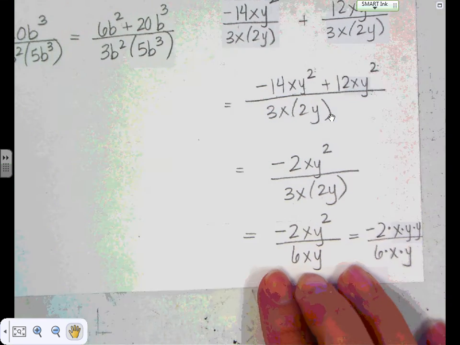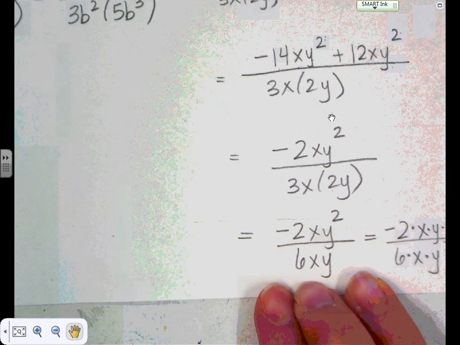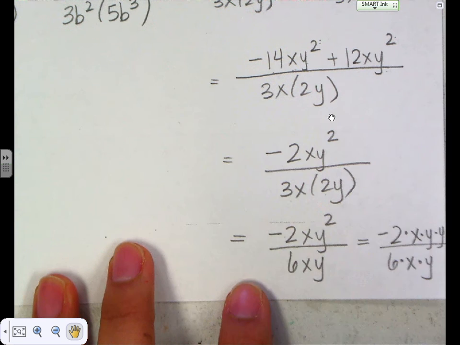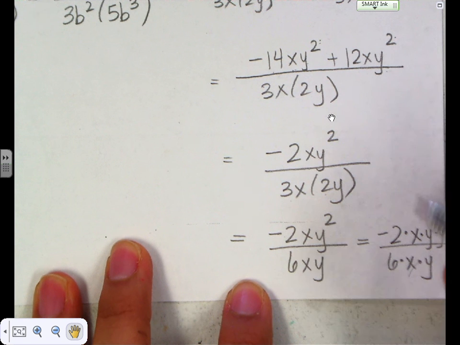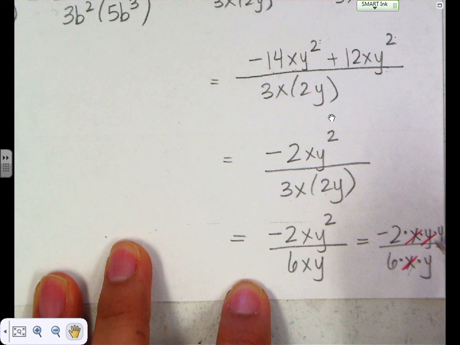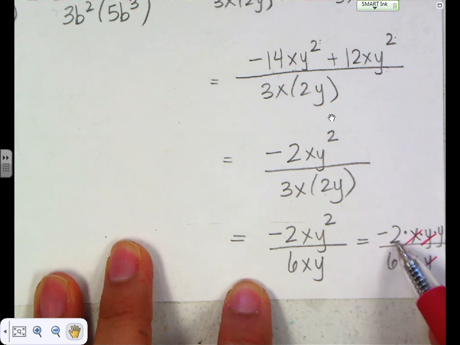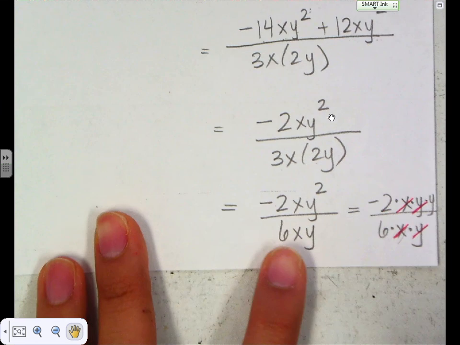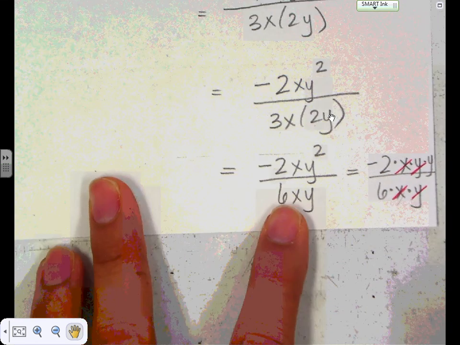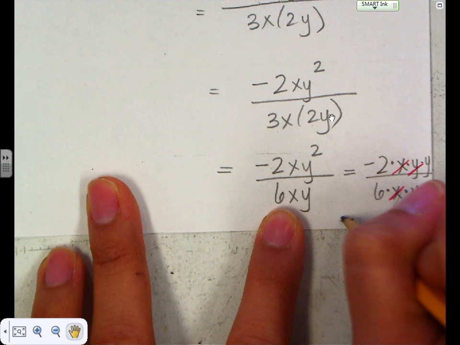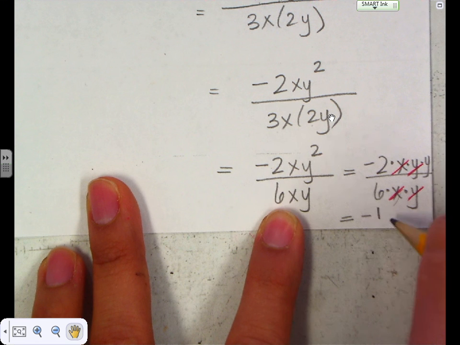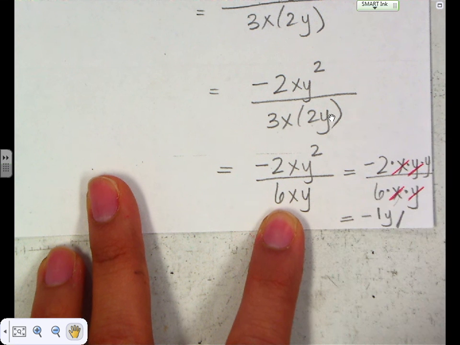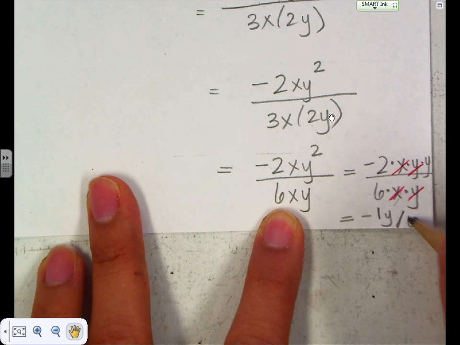Remember, this is back to what we were doing when we were breaking the code. You can get rid of the x's. You can get rid of the y's. And then can you reduce that fraction? Yours becomes negative 1y over, sorry, I ran out of space, negative 1y over 6. My bad, 3.